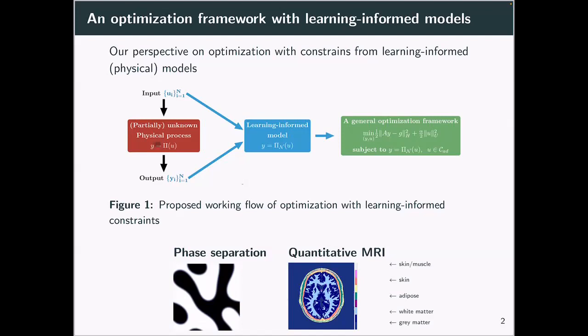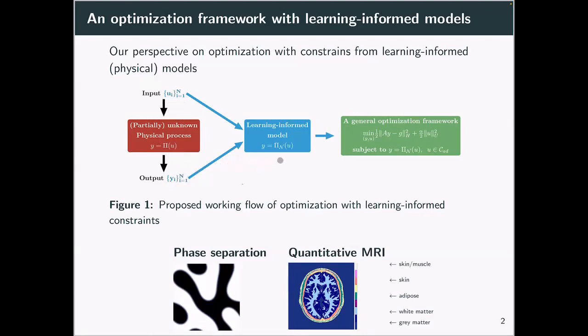This is because it characterizes some physical process, and for this process you only have some observations where you give some input and observe the output. So the input and output pairs are known.